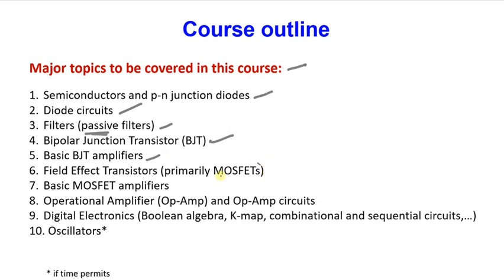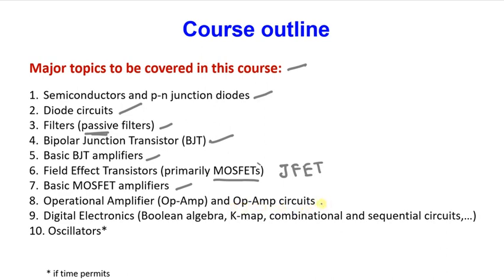We will primarily focus on MOSFETs. However, we will also briefly discuss JFET in this course. Then basic MOSFET amplifiers. Once we cover the basic MOSFET amplifiers, we will go directly to the operational amplifiers or op-amp and different op-amp circuits.